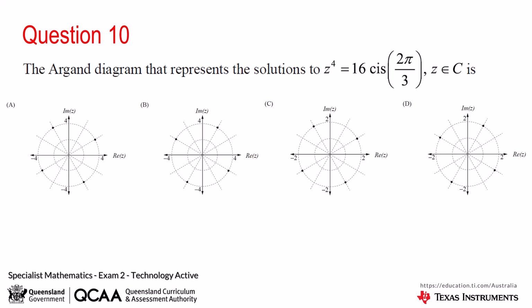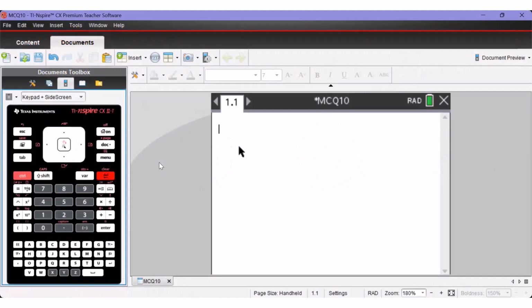With the Nspire, we can determine the solutions to this equation directly. We're going to use a command called complex roots of polynomial. Let's show you where that is, and the required syntax.